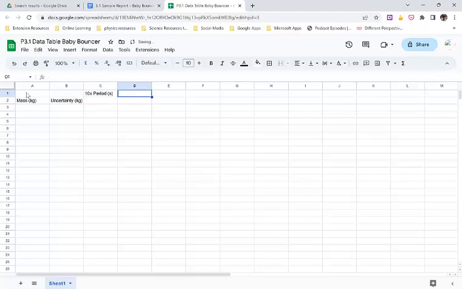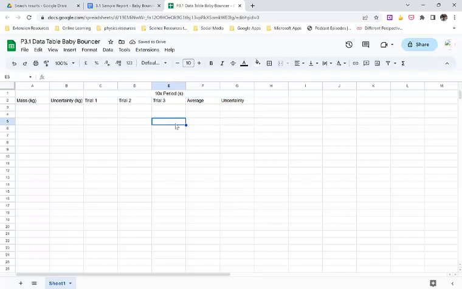And we're going to have for this trial 1, trial 2, trial 3, average, and uncertainty. To show that that applies to all of them, I'm going to highlight all 5 and then merge. This is a merge button, it merges those cells, and then I'm going to center that one.